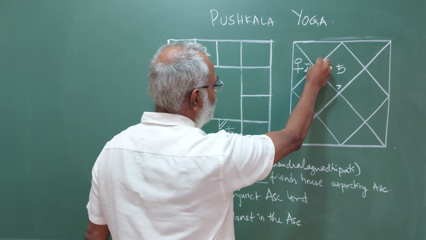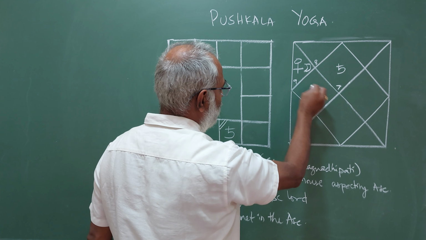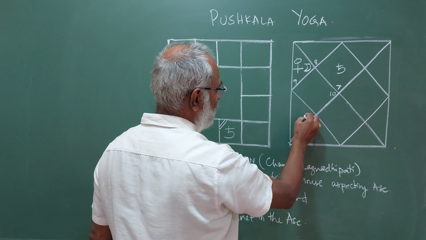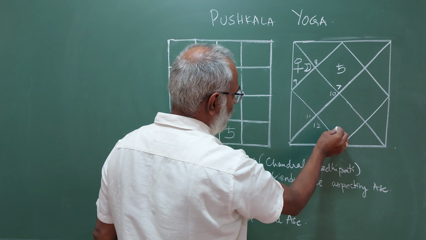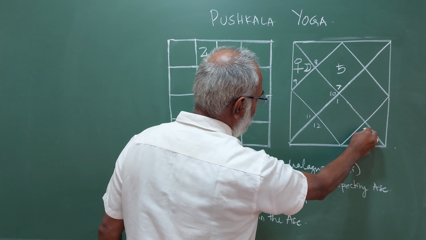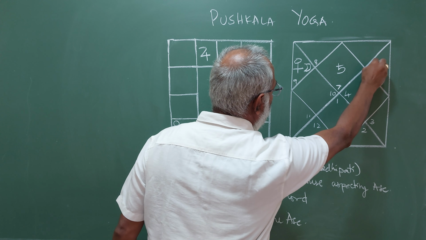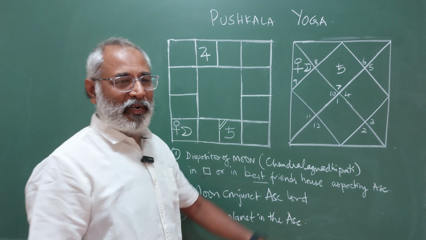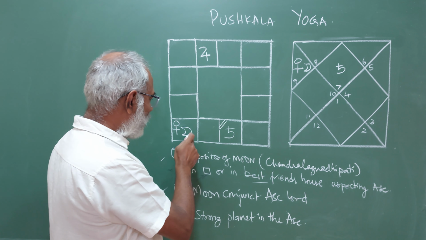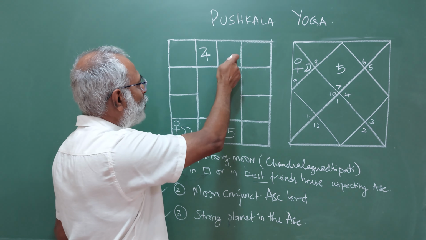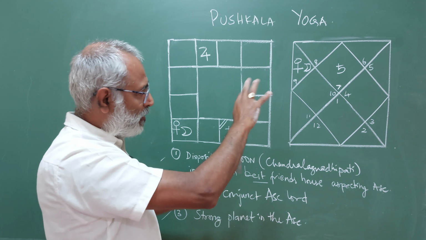This is the 8th, the 9th, the 10th. These are signs: 11, 12, 1, 2, 3, 4, 5, 6. That is how it rotates: 7, 8, 9, 10, 11, 12, 1, 2, 3, 4, 5, 6.